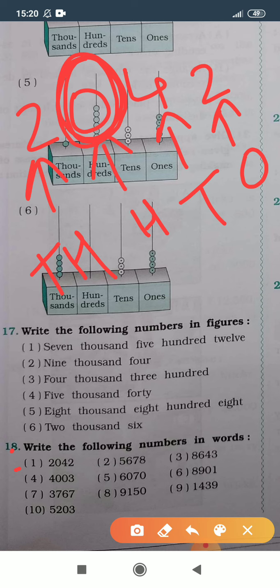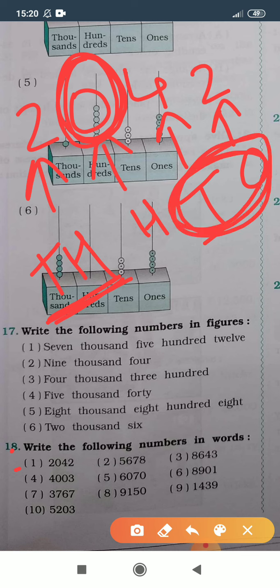So let's start. 2 is on 1000 place, that means 2000 and these last two digits we pronounce together, so 42.